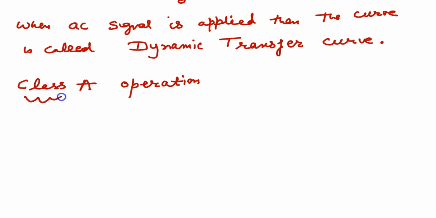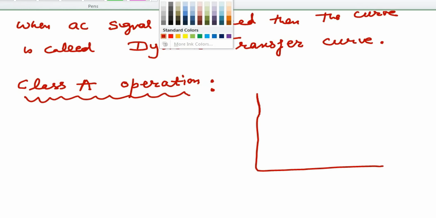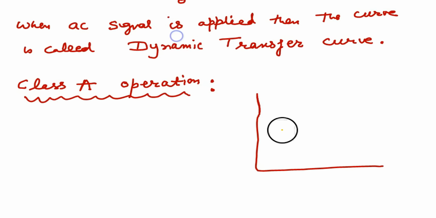We classify the operation into three classes: class A, class B and class C. First of all, coming to class A. This is a dynamic transfer curve, and it is a straight line.